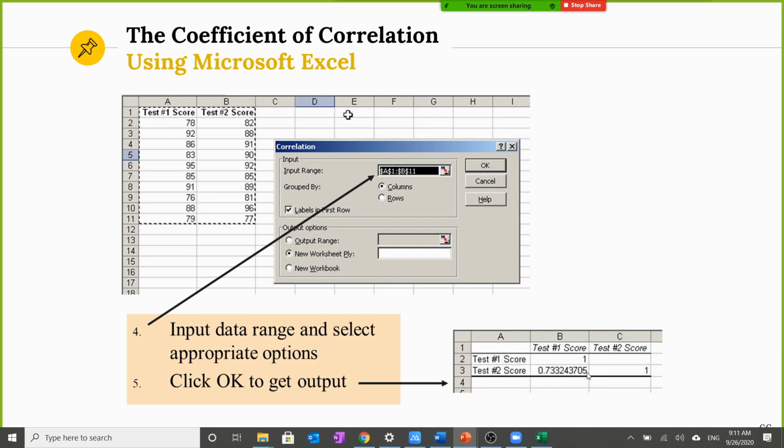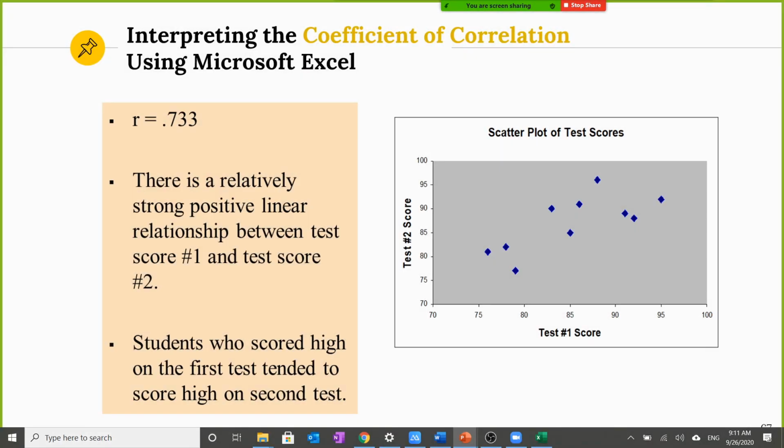You have this 0.3, which is quite a good correlation. Then this is the data that you have. So the data is 0.7. So there is a relatively strong positive linear relationship between test score 1 and test score 2. Students who have a high score in the first test tend to have a high score in the second test.